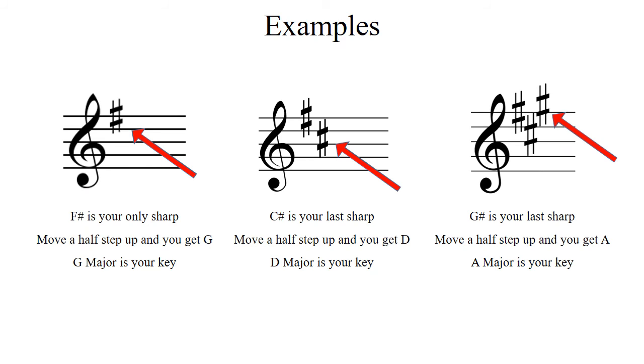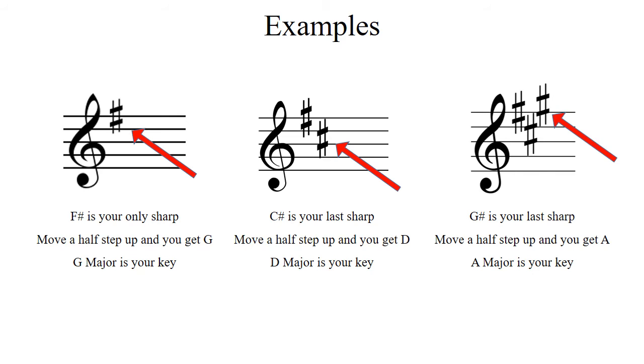So here's some more examples. As we see here, F is our only sharp, and we move a half step up and we get G. So our key signature is G major. And just like you did with your scale, you found that F sharp is the only sharp in that scale. And again, here's D major.